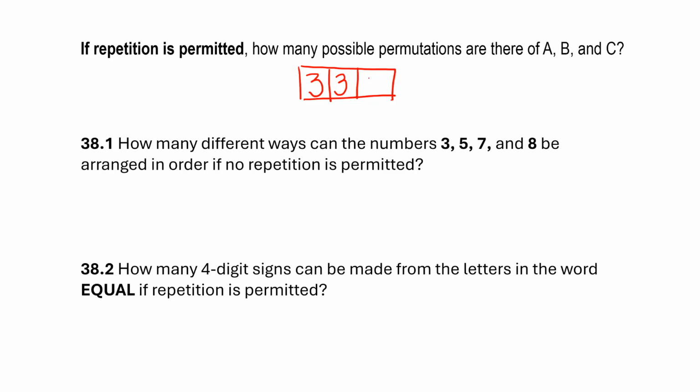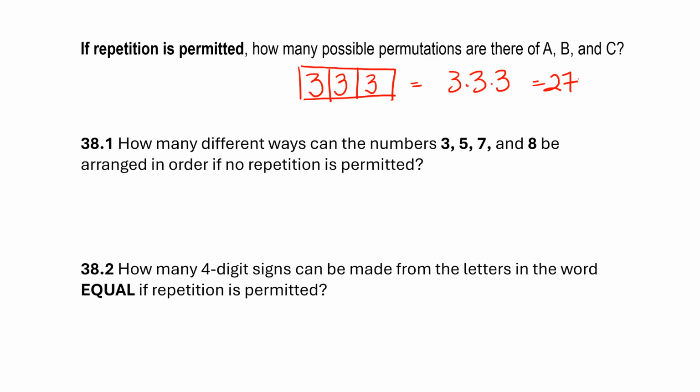And for the third box, there are still 3 choices because you can use A, B, or C. You don't have to knock them out because you're allowed to repeat. So in this case, you're going to have 3 times 3 times 3, which is 27 ways to make a permutation of the letters A, B, and C.